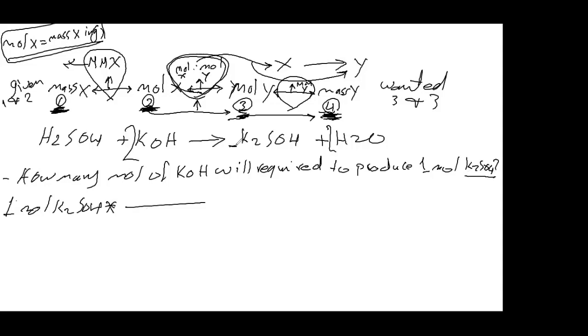I have 1. It will be 1 mole K2SO4. And in the top, it will be the KOH. How many KOH I have in the balanced chemical equation? 2. It will be 2 mole KOH. That will give you 2 mole KOH. It is the answer for this question.